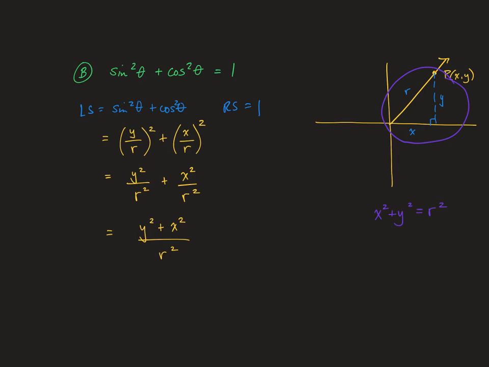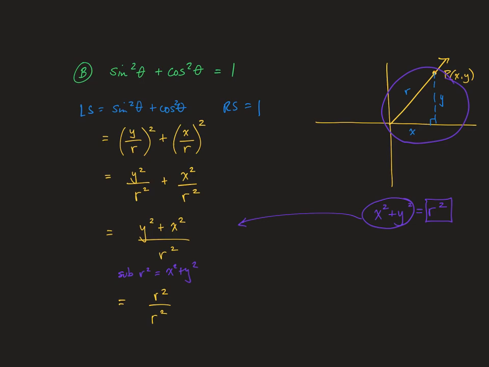And notice that x squared plus y squared is equal to r squared. If that's the case, then I can substitute it in. When we look at the top of that fraction, we have y squared plus x squared. That would be the same thing as x squared plus y squared, and therefore we could replace it with r squared.